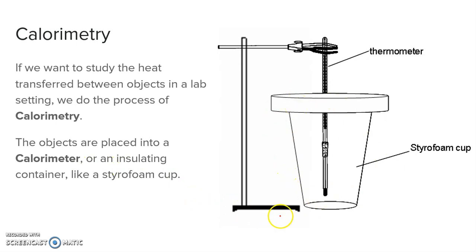Styrofoam is a really good insulator, so whatever's going on inside the cup, that heat transfer is going to stay contained. So when we use our styrofoam cup calorimeter, we will also need to use a thermometer to measure the temperature change that's happening as a result of the heat being transferred into or out of the system.